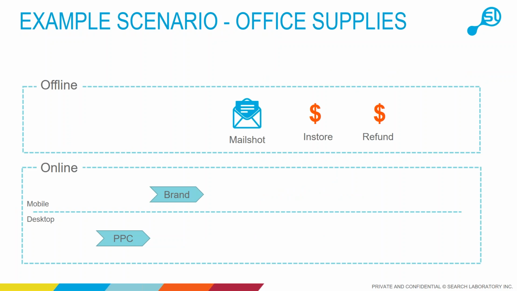I've just given an example scenario here, and this is the office supplies example I referred to before. So we're talking B2B, it might be office supplies, or a traditional catalogue company, but a company like this has lots of activity that goes on offline, so you'll be able to track things like direct marketing activity, and it's not just tracking it so you can analyze what's happening.